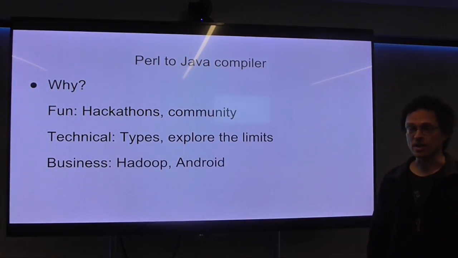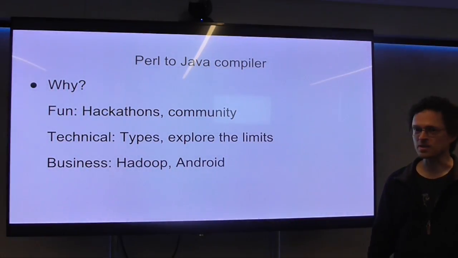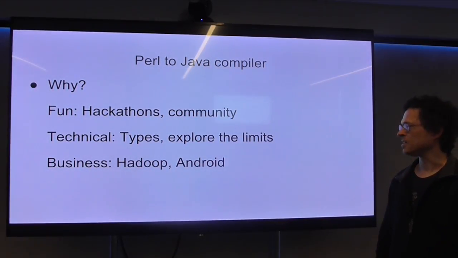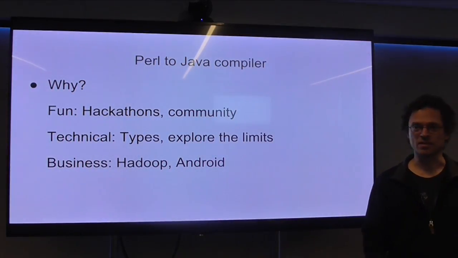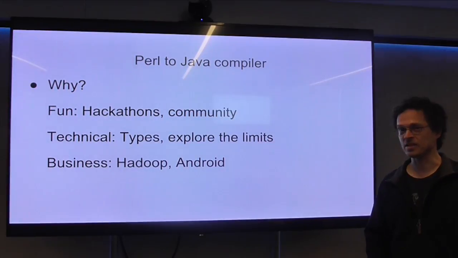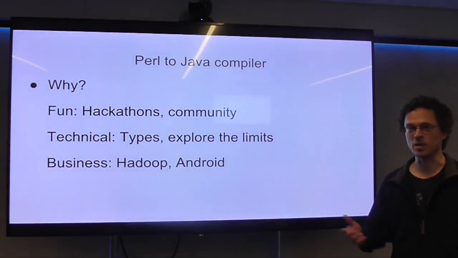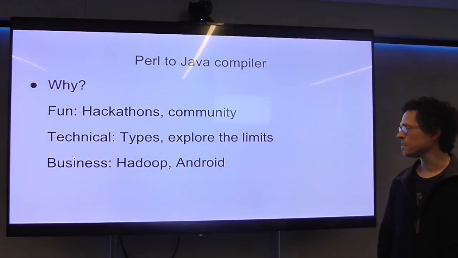There's a technical challenge. There are at least 4 or 5 different Perl to Java compilers that don't quite work. Some people tried and gave up. Some people didn't give up, but they ended up implementing a different language because there are so many workarounds needed.